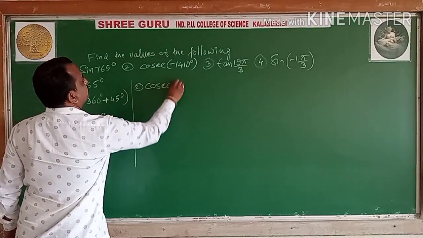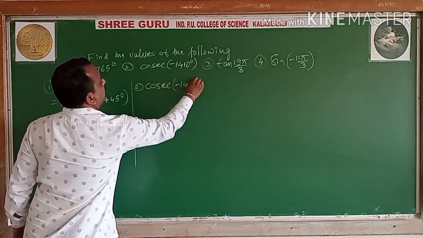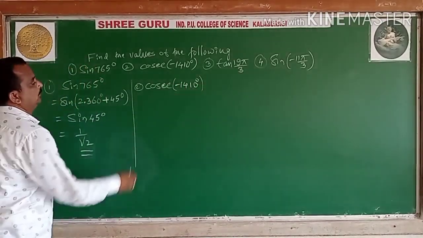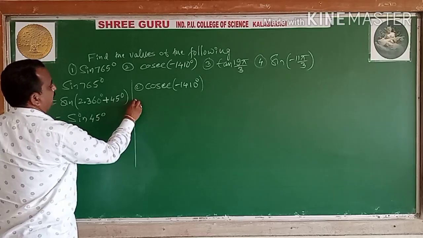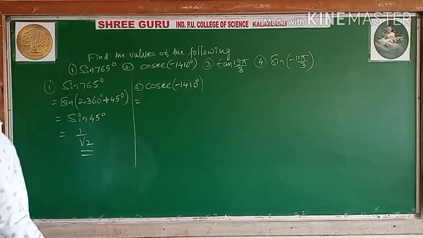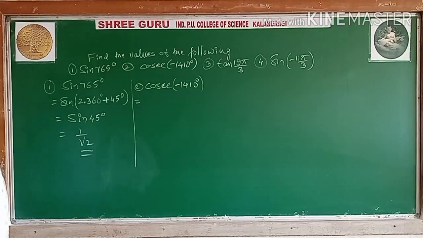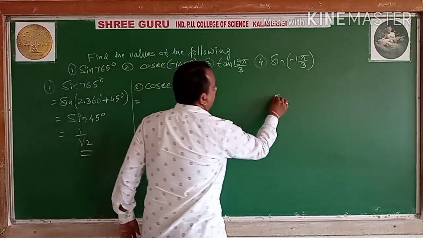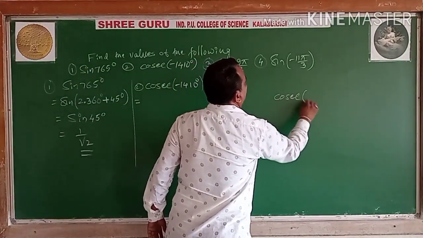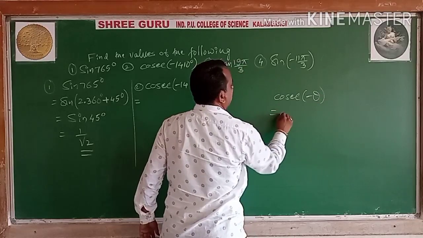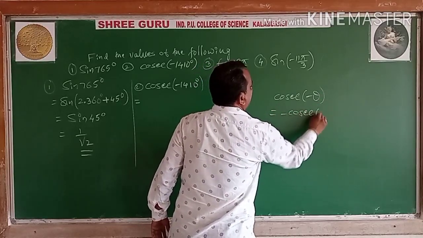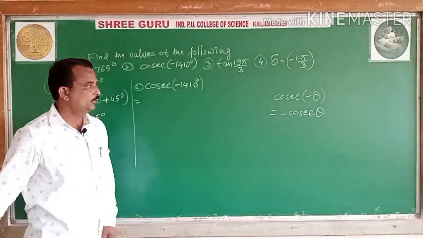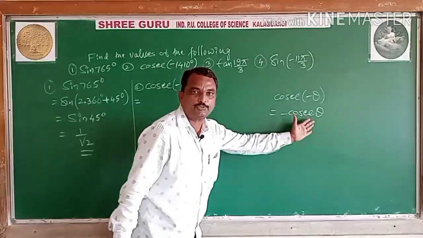Cosecant of minus 1410 degree. So let us see cosecant of minus 1410. You know what is cosecant of minus theta? Is it a minus of cosecant theta? Cosecant of minus theta is a minus cosecant theta.